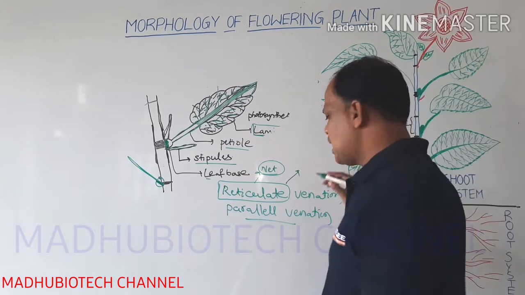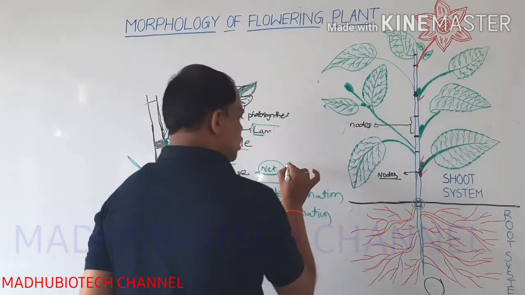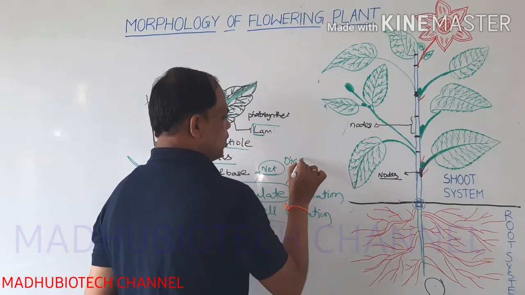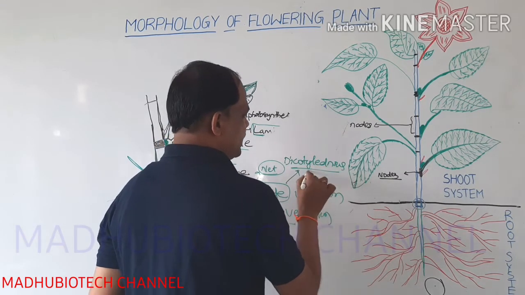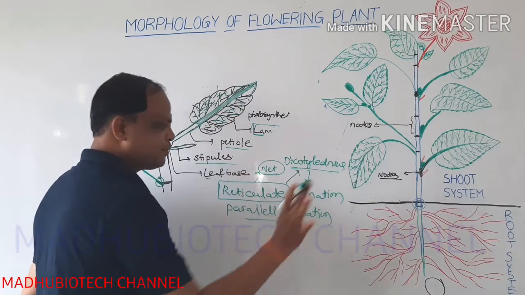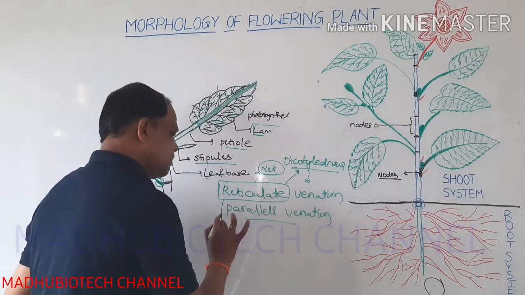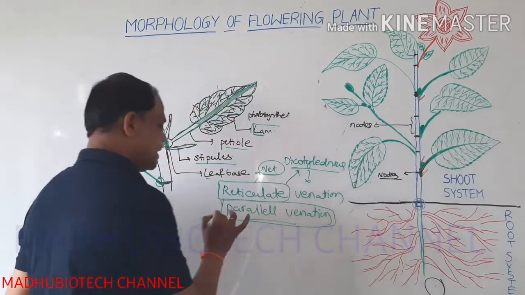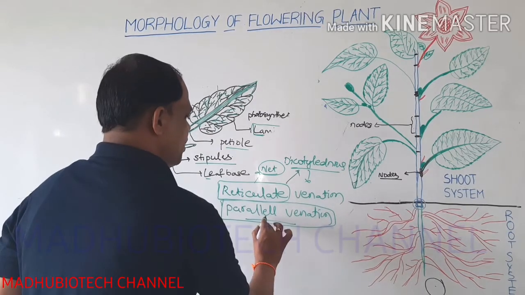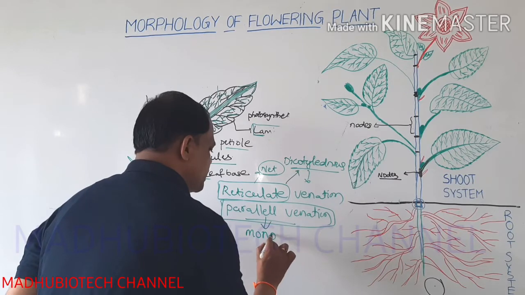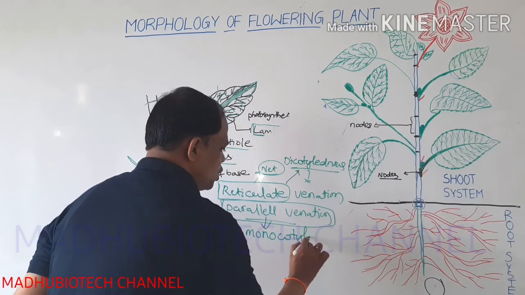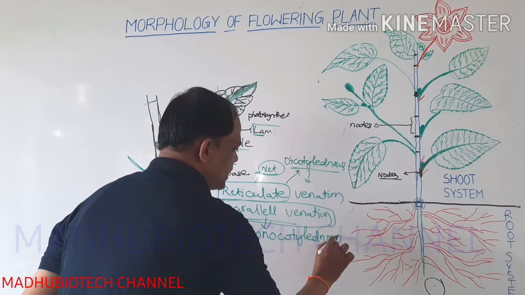Most dicotyledonous plants contain reticulate venation. And parallel venation is present in all monocotyledonous plants.